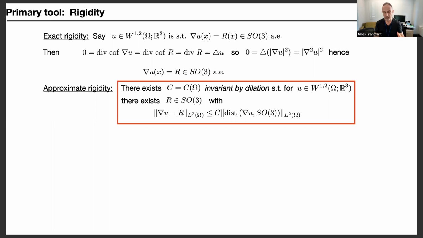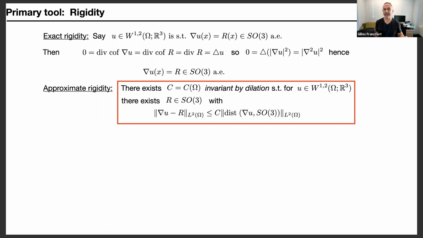What can you say at each point? Well, a very simple result: if you have, for example, u which is H1, and its gradient is a rotation at every point, then it's a fixed rotation. And the proof is a one-line proof, so I'll say it.